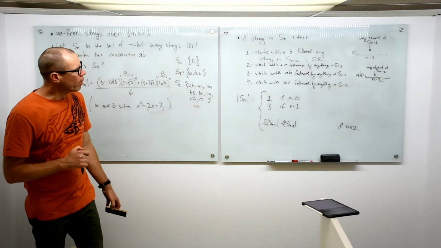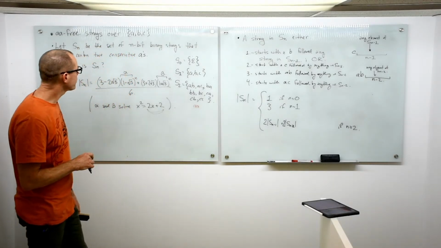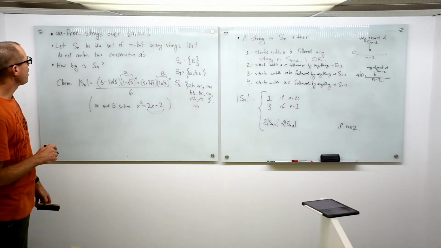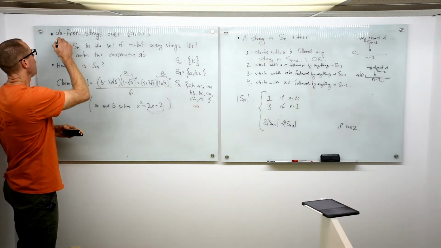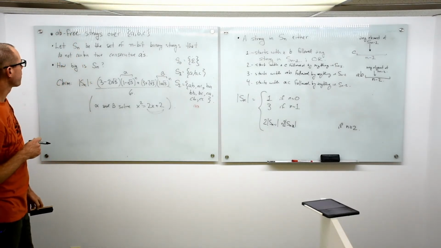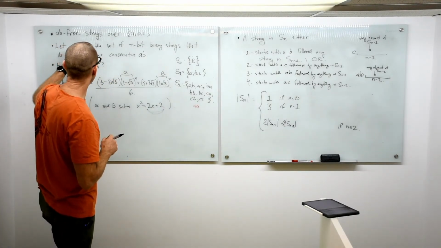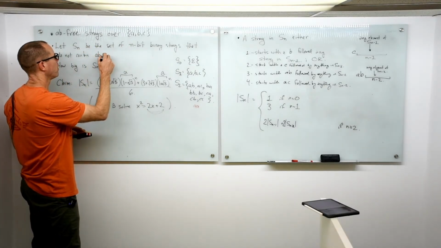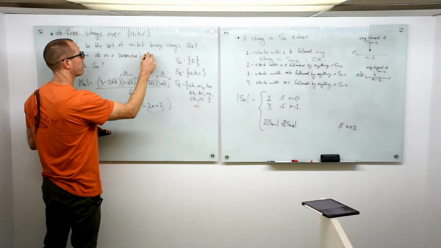So let's do one more example and see what happens. So now I'm interested in not AA free strings, but AB free strings. Okay. So same thing, except instead of saying they don't contain two consecutive A's, they do not contain AB as a, I'll be specific, consecutive substring.